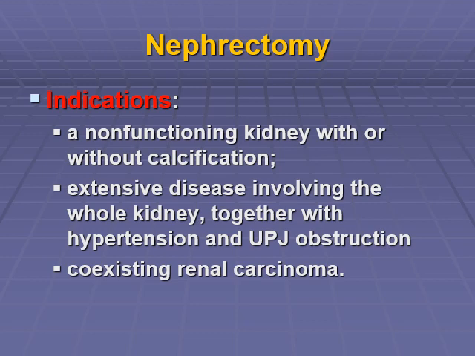About surgery, what is our goal from the urology side? We usually deal with the complications. We can do nephrectomy, which is indicated only in a non-functioning kidney with or without calcification, extensive disease involving the whole kidney together with hypertension and ureteral obstruction, or if there is coexisting renal carcinoma. But before doing nephrectomy, I have to look at the other side and be sure that it is good and functioning.